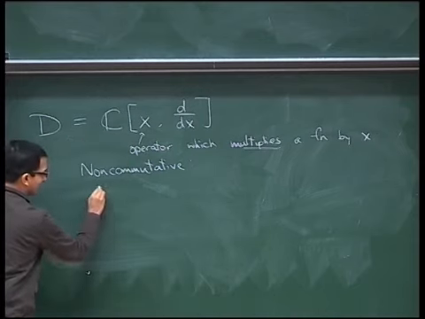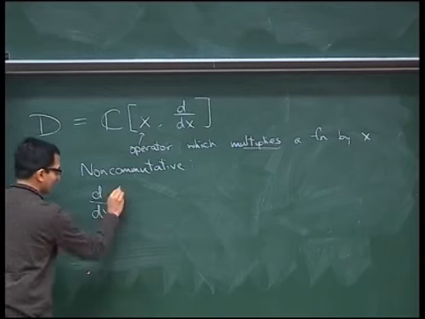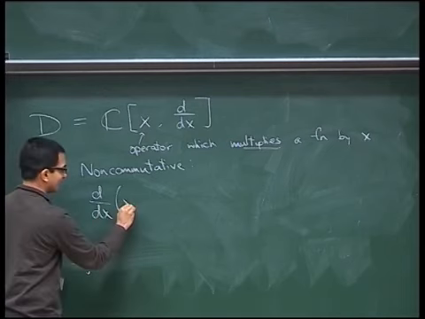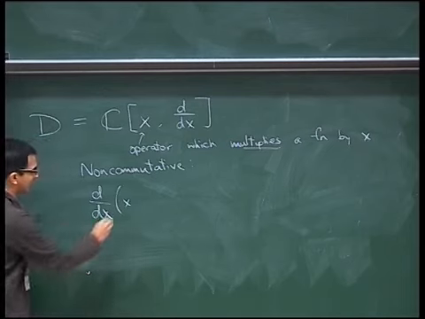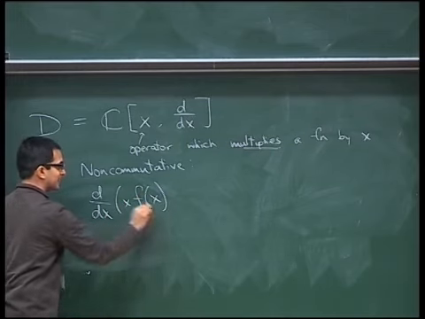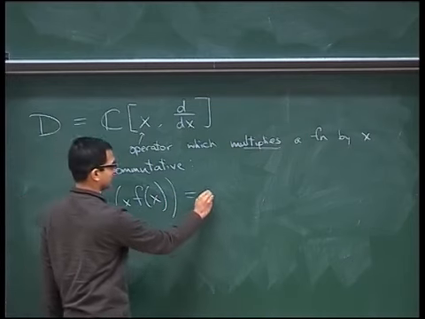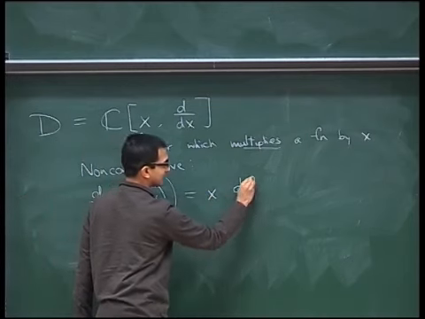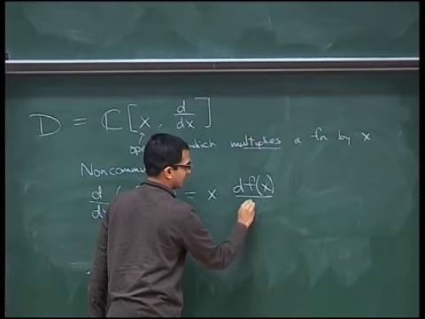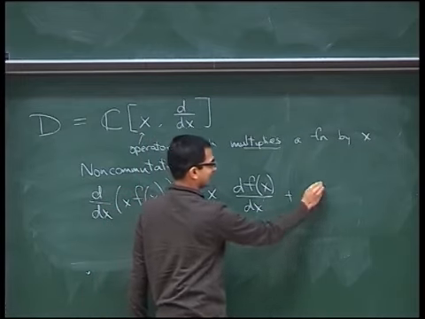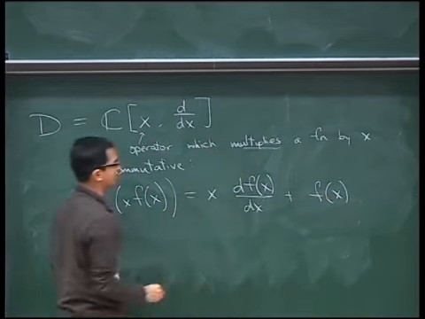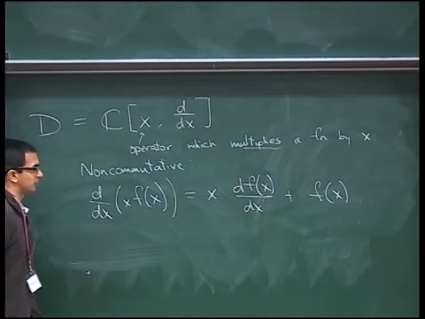This is some basic thing from calculus. If you take a function and multiply by x, and then take the derivative, that should be x times the derivative plus f of x.